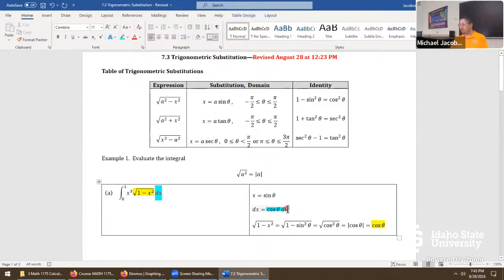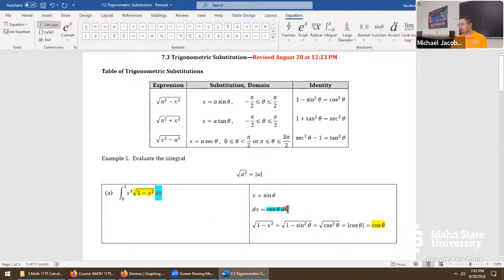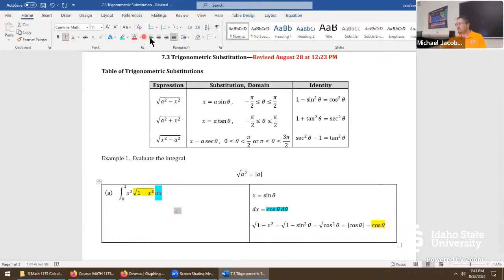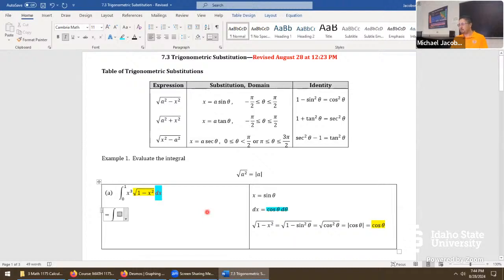Okay, so here's step 1. This is going to be equal to the integral from, well, we actually have a problem right now. I want to say 0 to 1, but that's relative to the variable x, and we're going to get a new variable theta.